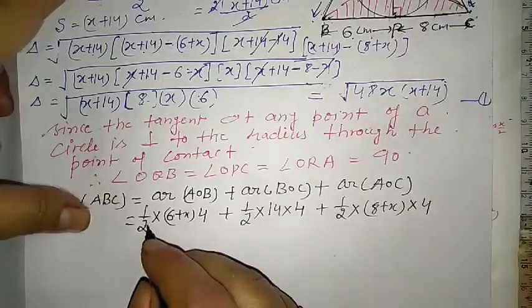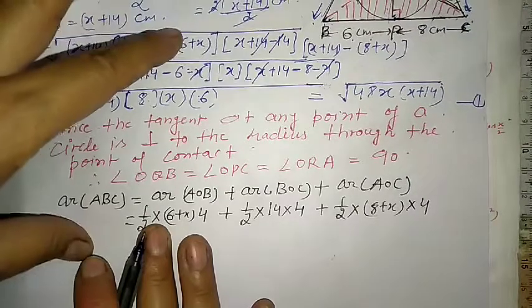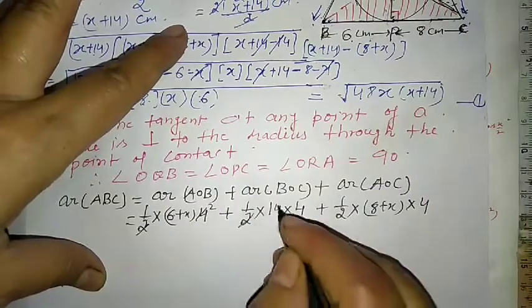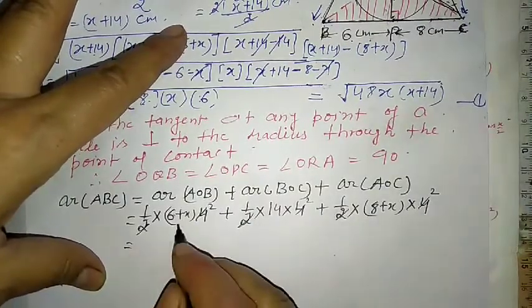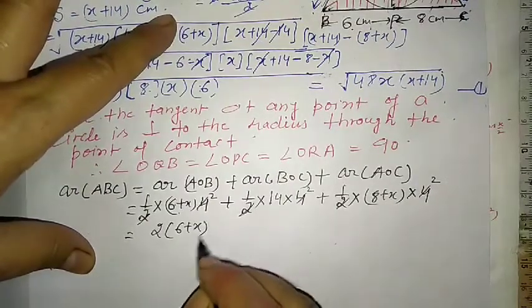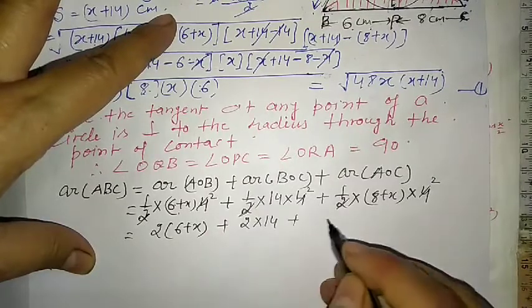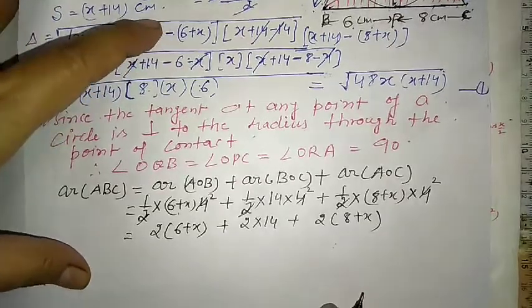So we can cut this, or we can take 1 upon 2 and 14 common from all. Your choice by which method you want to solve. So I am cutting here all the 4 by 2. So this part we are having here twice of 6 plus x, twice of 14 and twice of 8 plus x.